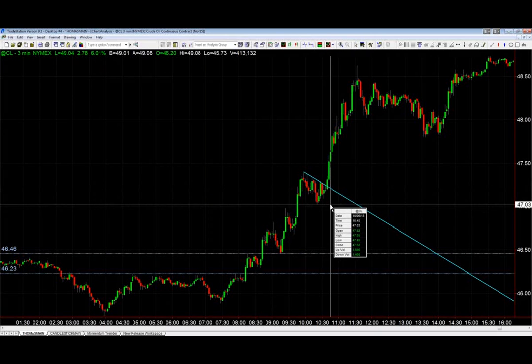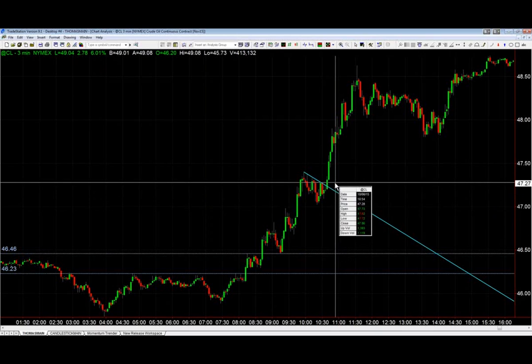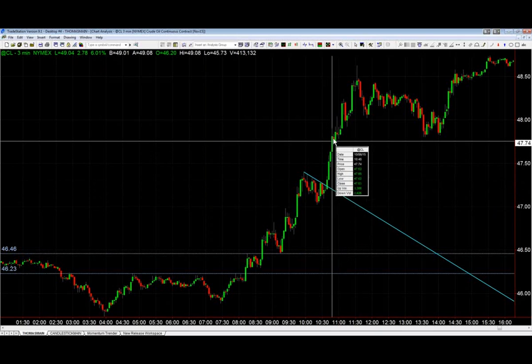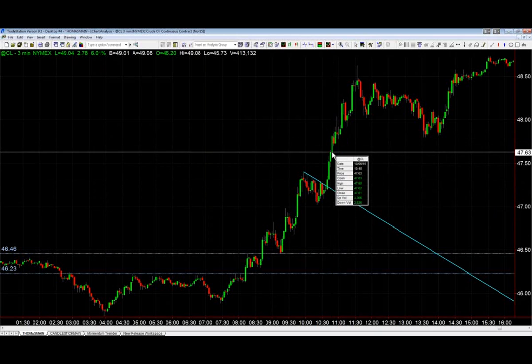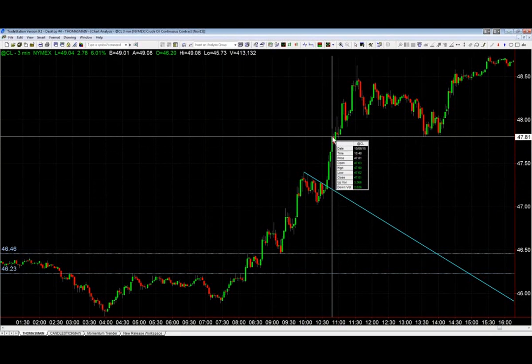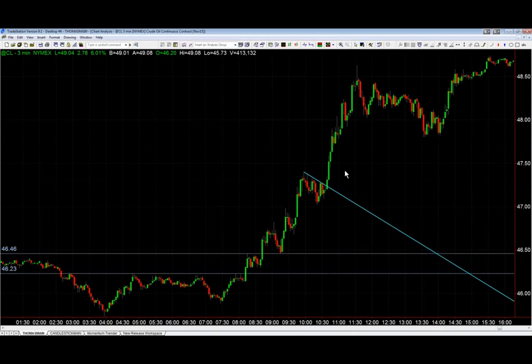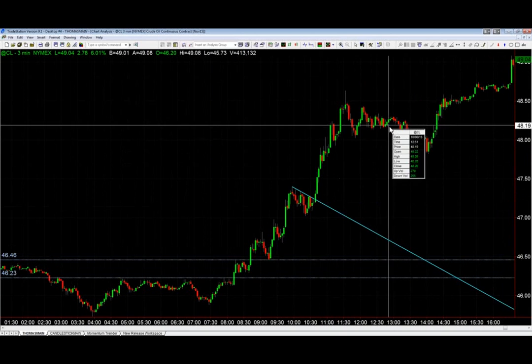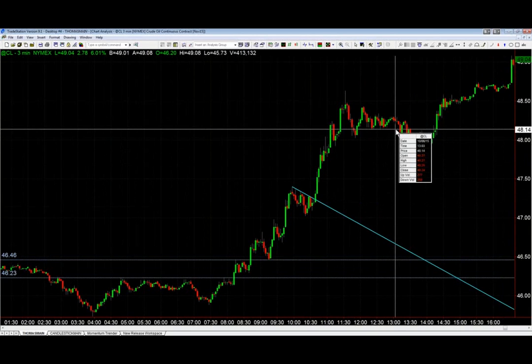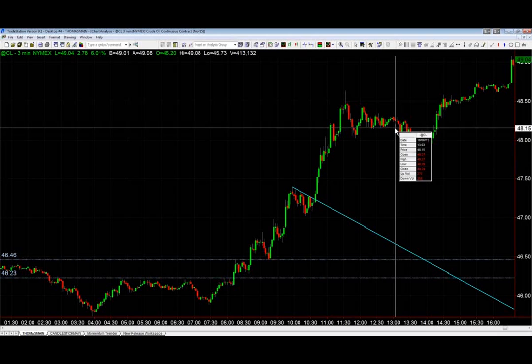If you're entering at 28 or 29, by the time you get up here, 15, 20 minutes later, you're up $600 a contract, or $500 a contract. Not too bad. The trend stays bullish all the way up until right up here, and that's where you would have been trailing your stop, and you would have been out at 48.14. So that trade is about $800 a contract.